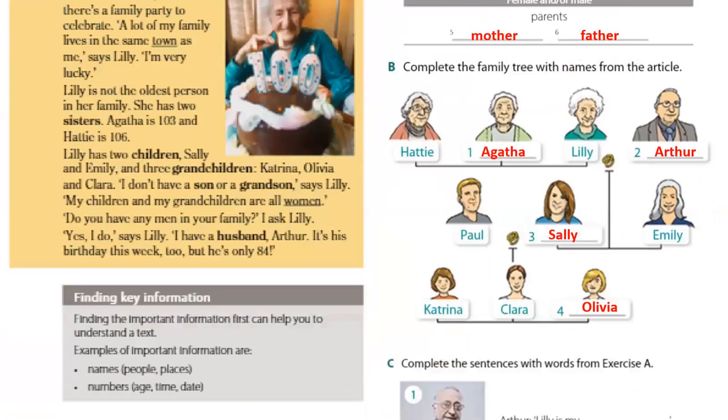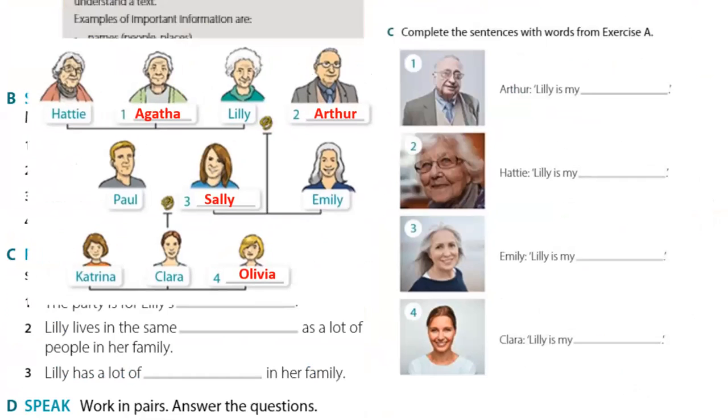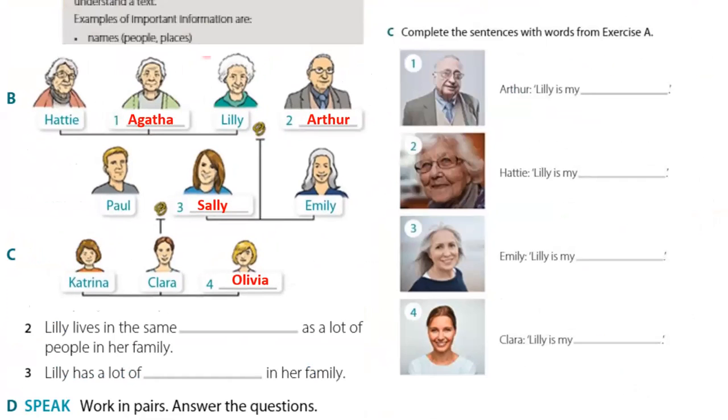All right, so for the last exercise of today, you're gonna complete these sentences with words from the exercise A. Okay, so according to this family tree, you're gonna see how are they related with Lily. Vamos a ver qué son de Lily estas personas. Okay, you're gonna use the words from the exercise A. Usen las palabras del ejercicio A para guiarse.